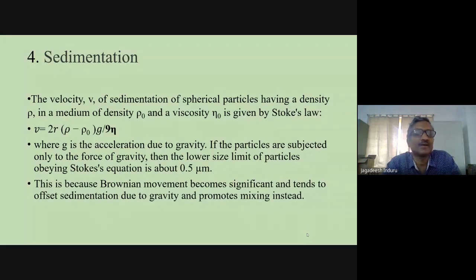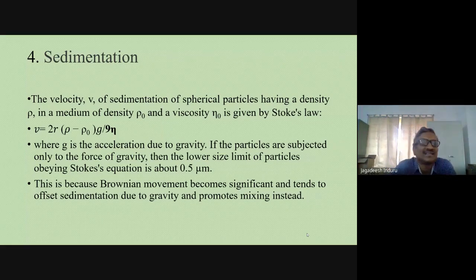We will see now. The velocity V of sedimentation of spherical particles having a density of rho, in a medium of density rho 0 and viscosity eta 0, is given by Stokes law. Stokes law shows that V is equal to 2r squared (rho minus rho 0) g by 9 eta.